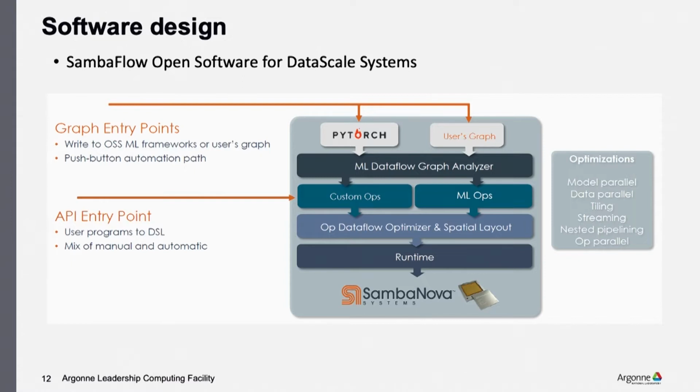After that, the compiler will use data flow graph analysis to break the model into different operations, such as some customized operations and machine learning operations. After that, it will use the optimizer to map the operations to the real hardware, and it will have different layouts to improve your performance. And after that, it will have a runtime to manage the operations with the real hardware.